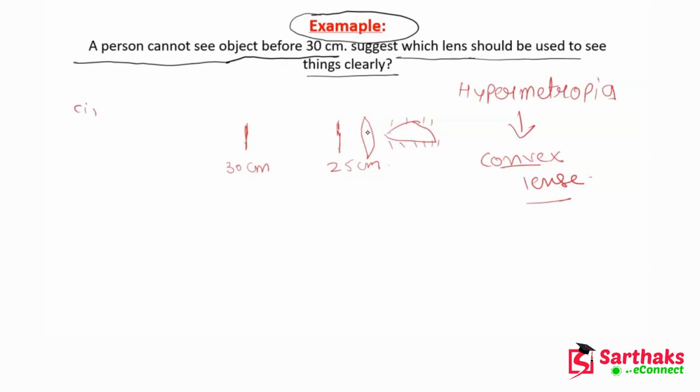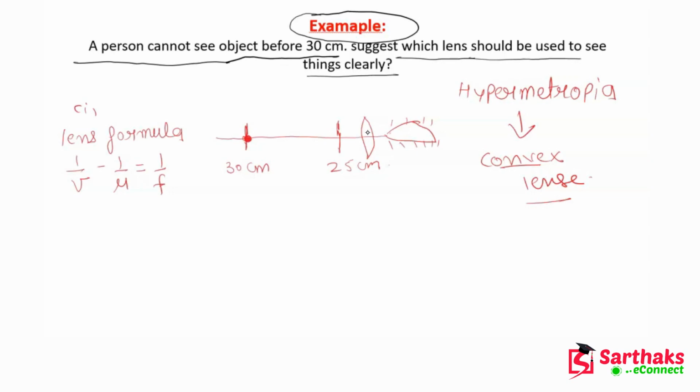So what will happen? Let me write down the lens formula: 1 by v minus 1 by u is equal to 1 by f. Let's suppose this is your principal axis. If this lens makes its image at 30 centimeter, then definitely this image will be seen by this eye.